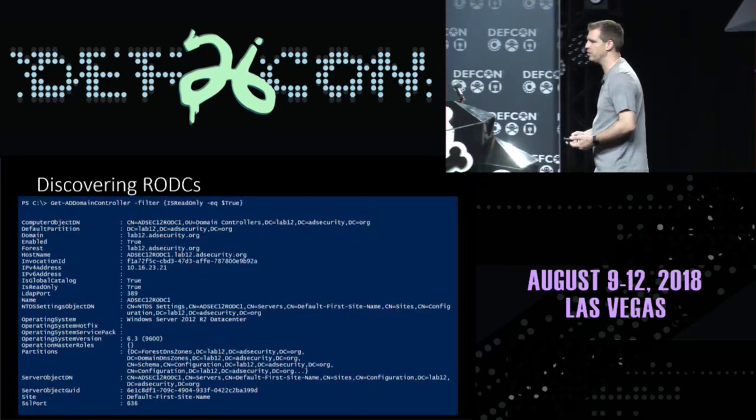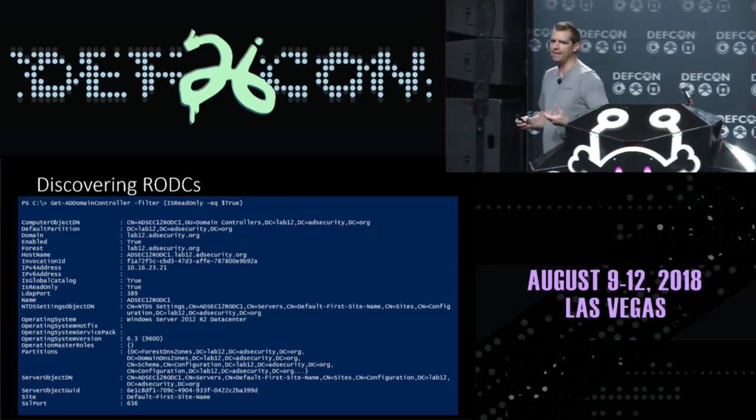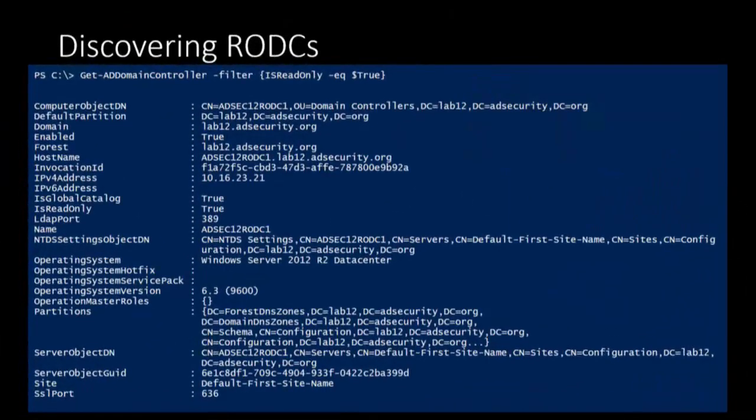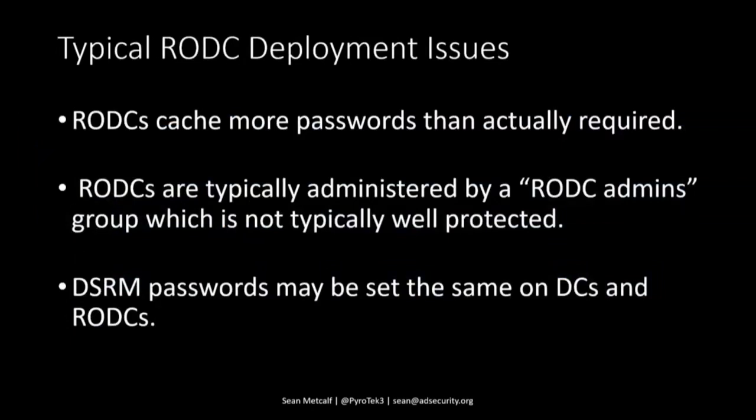So discovering read-only domain controllers is not that complicated. We look for read-only is true, or there's another option to do it. This one's a little easier. We can just look for the primary group ID 521, or enumerate the membership of read-only domain controllers. And that'll give us a list of our read-only domain controllers. So what's interesting about read-onlys is that oftentimes I find these three things set up.